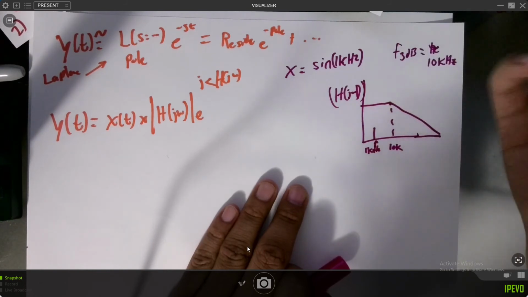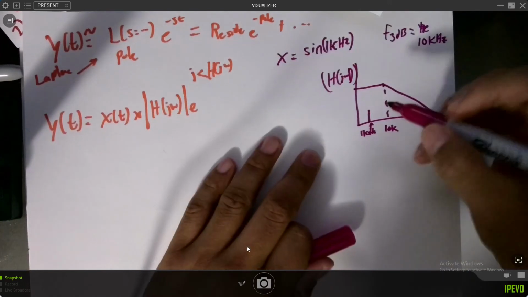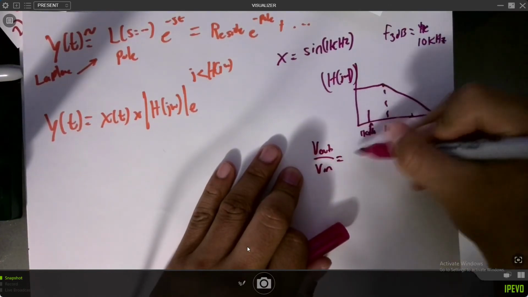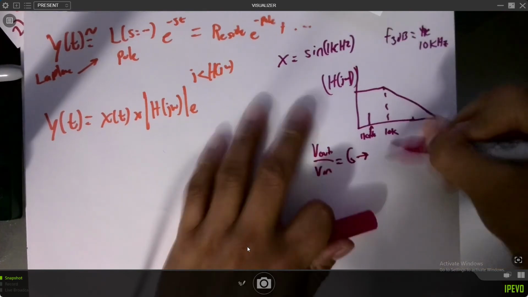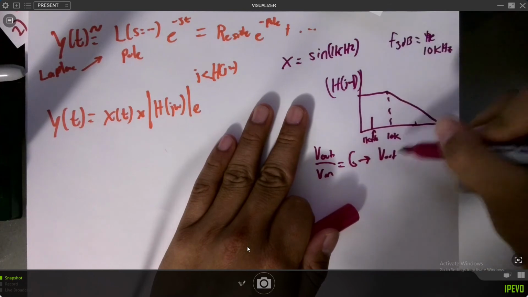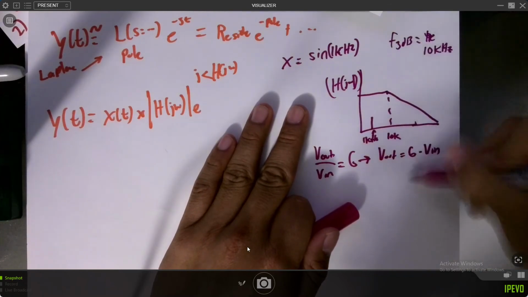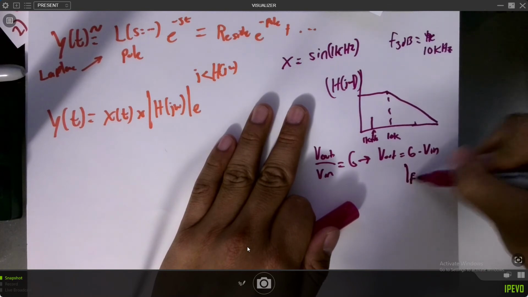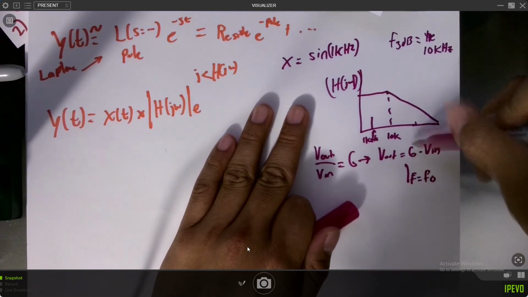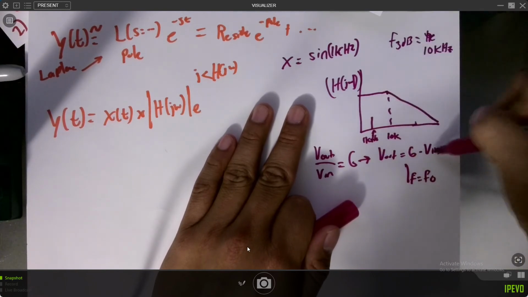Therefore, your output is equal to your gain times your input signal. Or your output, V out, we're literally doing Bode plots, is equal to your gain times V in at that frequency, at f is equal to f naught or whatever. So G, this gain or whatever you got at that frequency, multiplied by whatever your input is.